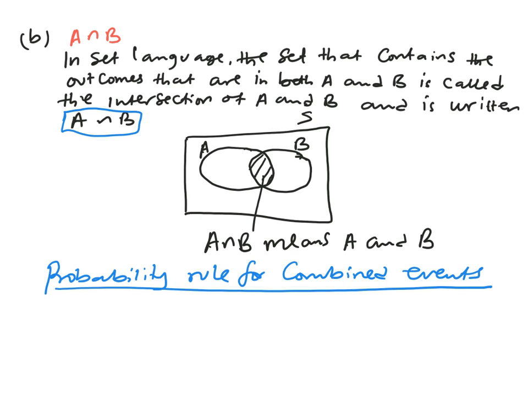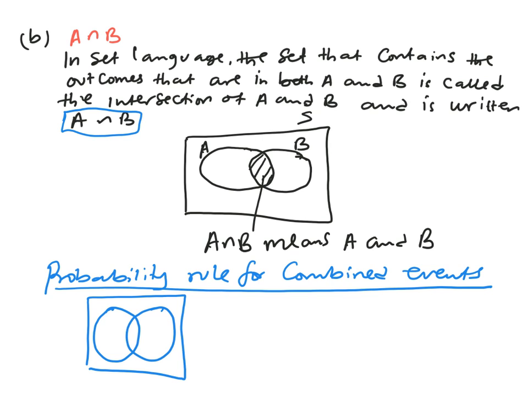What are we talking about here? Look at a sample space S having two events A and B. Here we have A intersection B, and B is this other set. This is set A and this is set B.